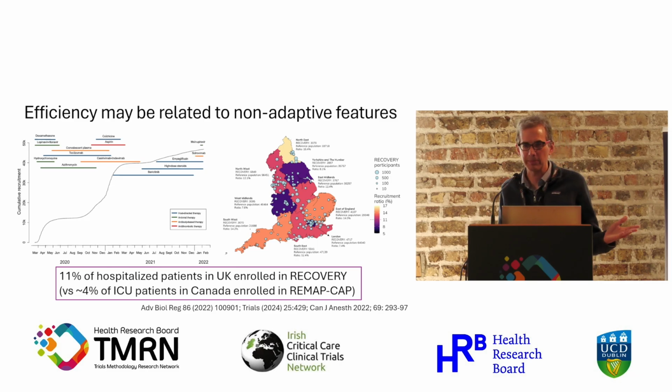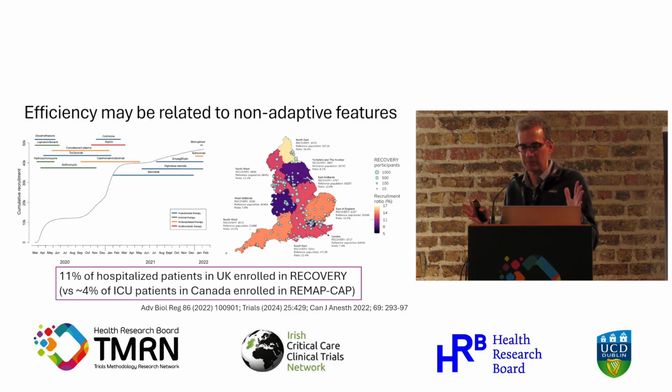And the corresponding number in Canada for REMAP-CAP, which is probably the largest platform that was enrolling in Canada at the time, was around 4% of ICU patients, so a lot smaller. But this is really because RECOVERY had a large, simple trial model and a health system that was set up for success.